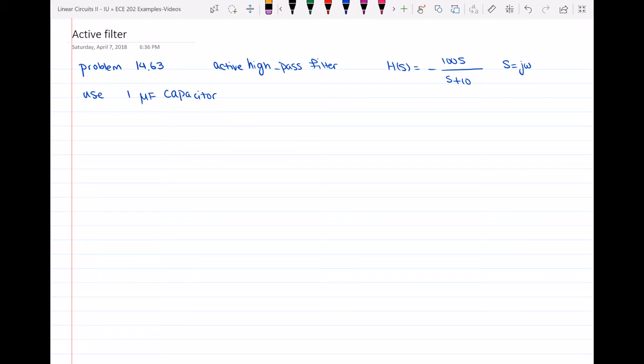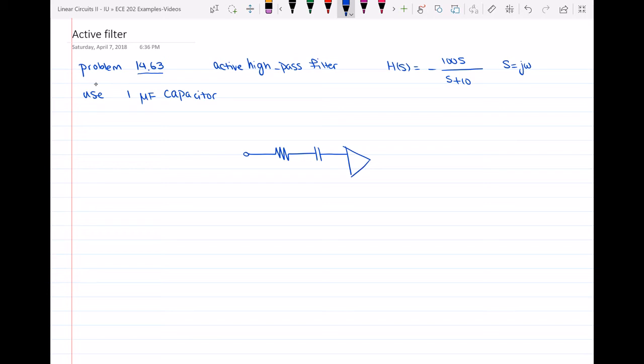So in these kinds of questions, first of all, you have to be familiar with the typical circuit for an active high pass filter. As we have talked about in class, an active first order high pass filter normally looks like this. We have a resistor and a capacitor in the input.